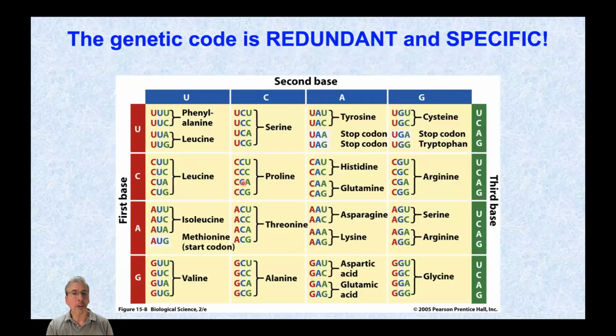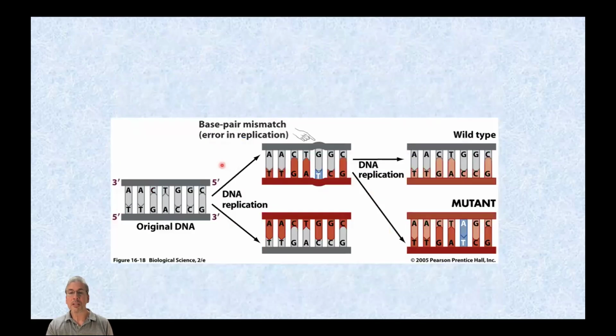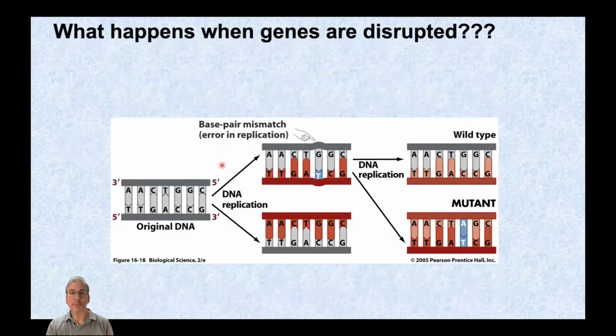And that's kind of important because the implication is that you can have a mutation, for example, that could change the last base in either of these codons, and it doesn't really change the amino acid that's produced in the protein, right? So that's important as well, but it's also very specific. In other words, every codon codes for a very specific amino acid. So that's an important outcome as well.